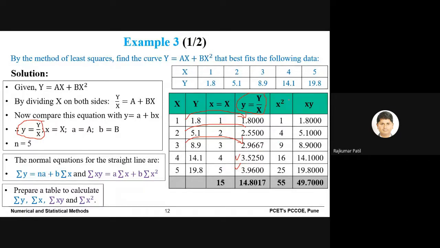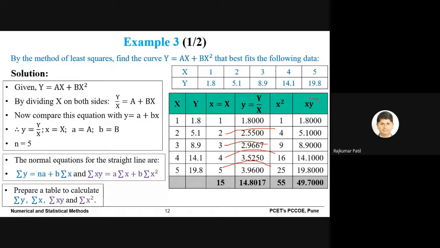Again, in the next column, you need to calculate the values of x square. So just take the square of the small x. So square of 1 is 1. Similarly, the square of 2 is 4, square of 3 is 9, and so on.